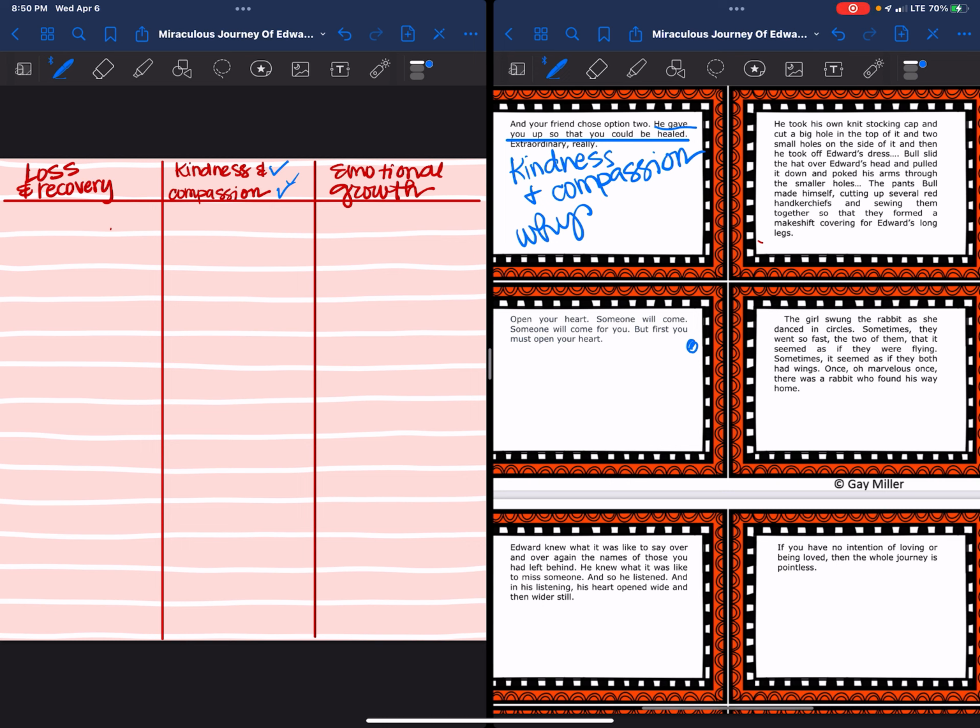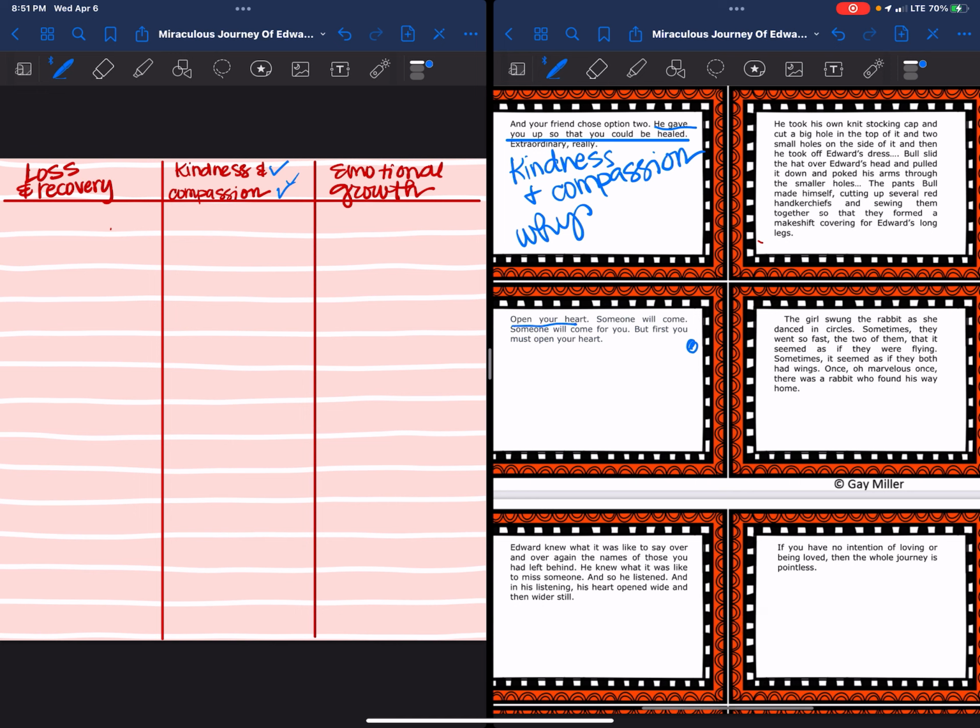So, to me, it kind of sounds like loss. It doesn't mention loss here, but we know that you would have had to have lost someone or something very important to you. And then what he's saying is, you got to open your heart.